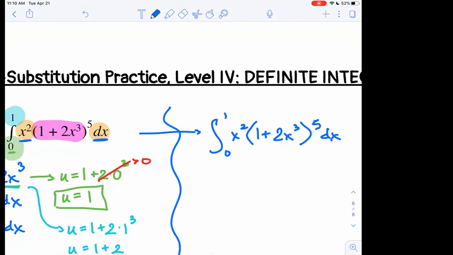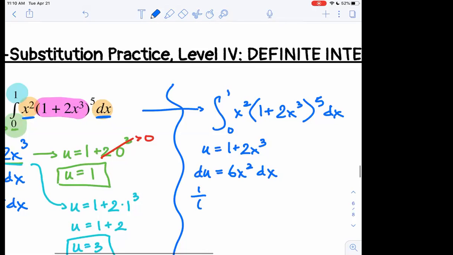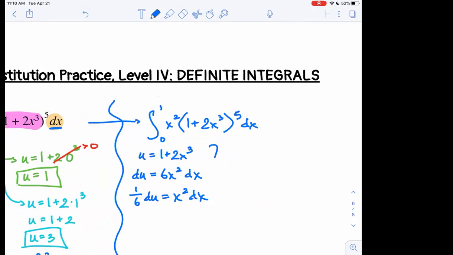So I'm going to start off the same way. I'm still going to find my u. And I'm still going to find my du. And I'm still going to divide by that 6 so that I can substitute in everything, okay? Now from here, I'm not going to change my bounds. I'm going to keep them as 0 and 1. Okay.